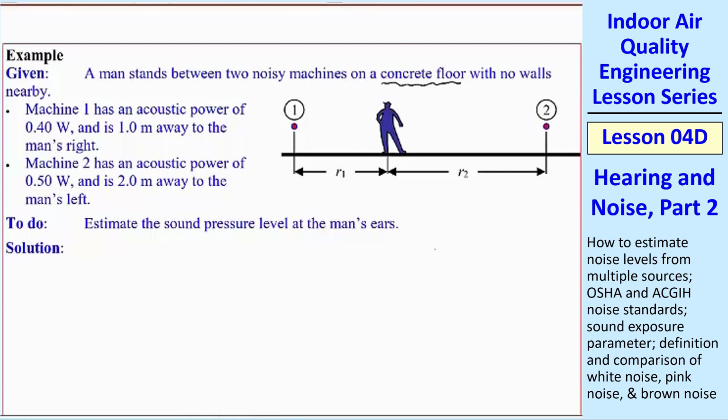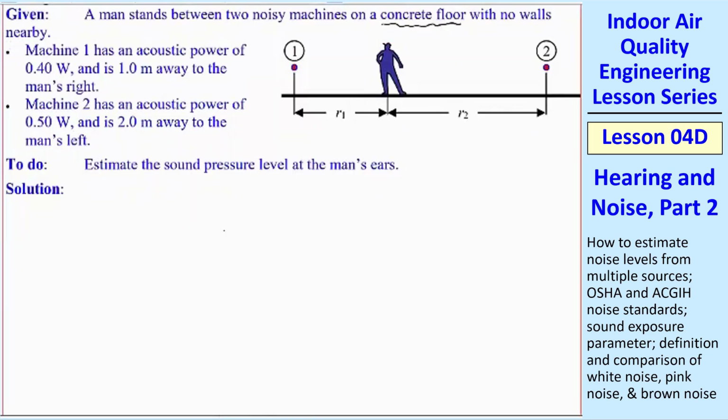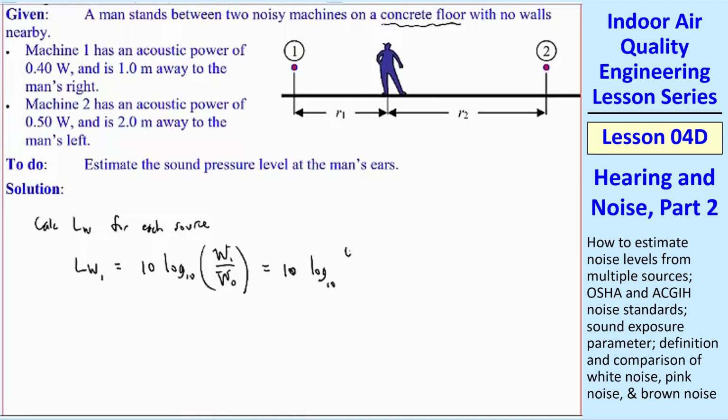Now notice that these are acoustic power in watts. They're not LW. So first we have to calculate LW for each source. LW1 is equal to 10 log 10 of W1 over W0. This turns out to be 10 log 10 of 0.40 watts over 10 to the minus 12 watts, 116.02 dB.